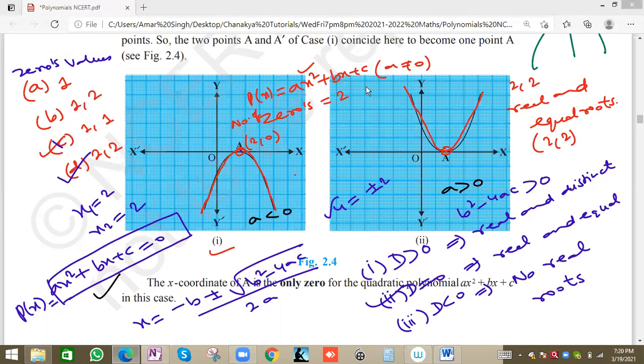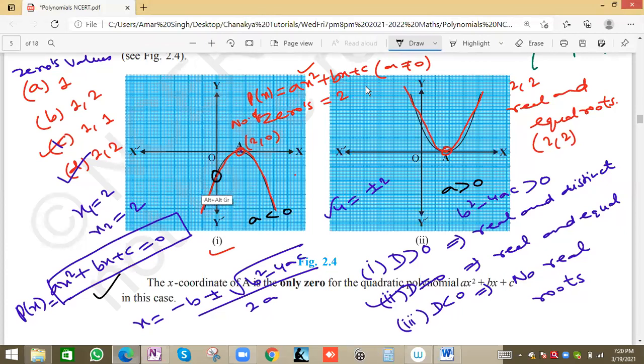We can plot some points. Suppose we got the point 2 comma 0, and here x will be 0 and y will be some value. One more point we have to get because unknowns are 3: a, b, and c. So we should have three points to find the values of a, b, c.